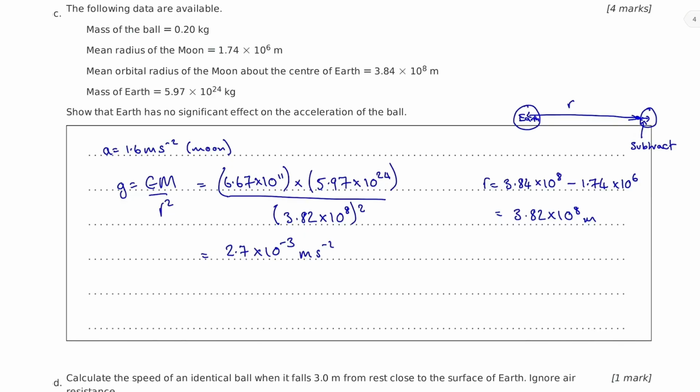And if we remember from the previous question, let's just circle up here, our acceleration on the surface of the moon was 1.6. So this is the effect here of the acceleration due to the Earth, and this is the effect here of the acceleration due to the moon. And actually, it's a very small percentage of it, 2.73 times 10 to the minus 3 divided by 1.6. It's the equivalent of 0.2%.